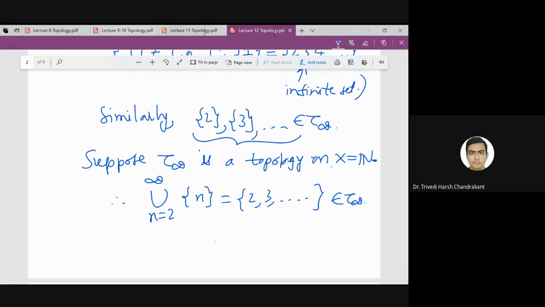So let us call this set U. So therefore, U defined to be this set belongs to tau infinity. But does this set belong to tau infinity?